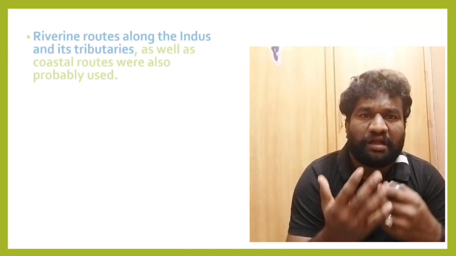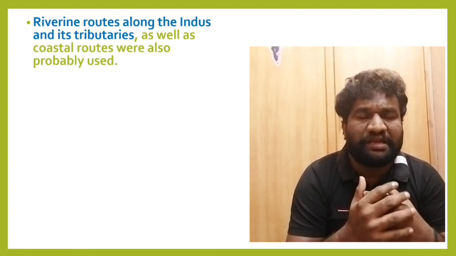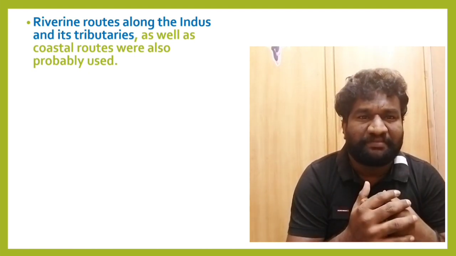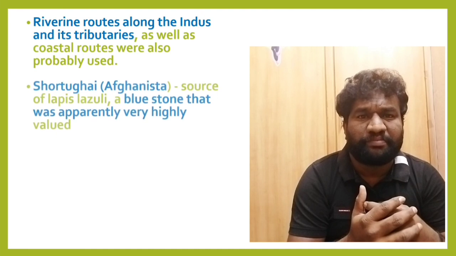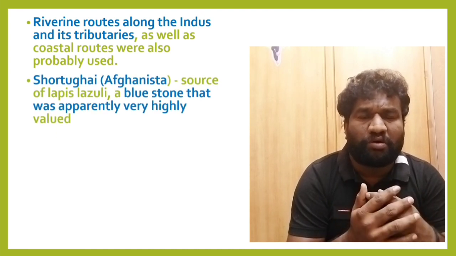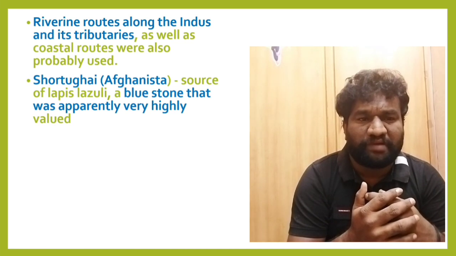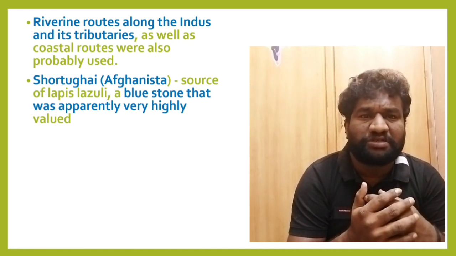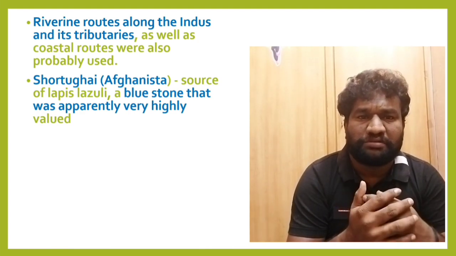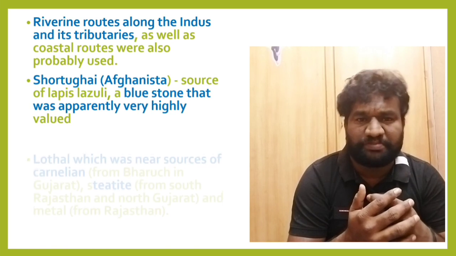Riverine routes along the Indus and its tributaries, as well as coastal routes, were also probably used. And there is one place called Shortugai, a famous Indus Valley civilization site, which was a source of lapis lazuli, a blue stone that was apparently very highly valued in this period.